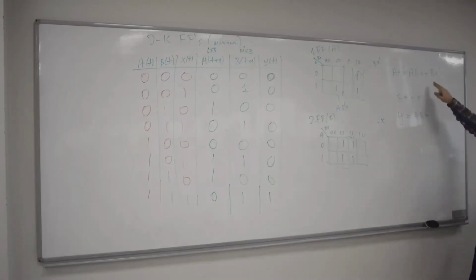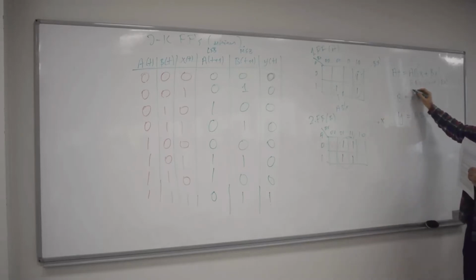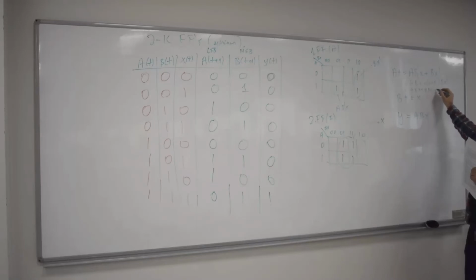Maybe I can rewrite this as AB'X plus AB'X' plus A'BX'. Okay, so in this case, you see there is an ABX' and A'BX', right? So I'm going to just write this as AB'X plus ABX' plus A'BX'. Okay, why did I do that?